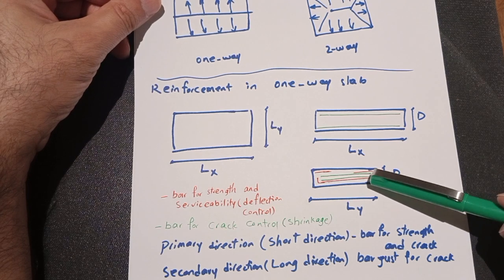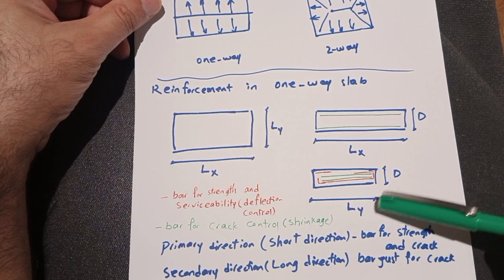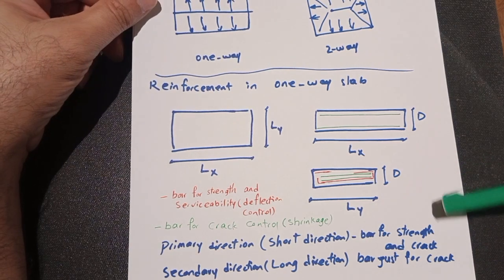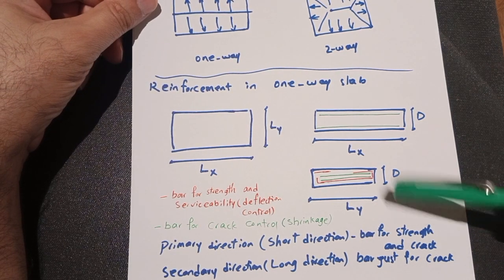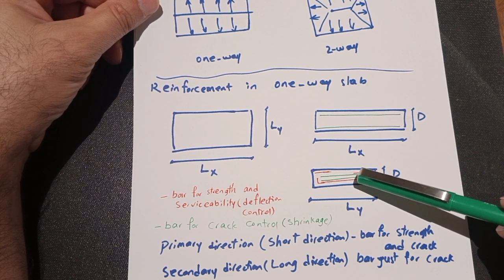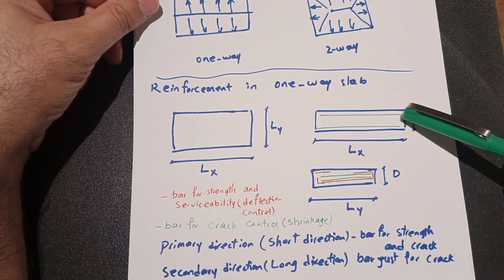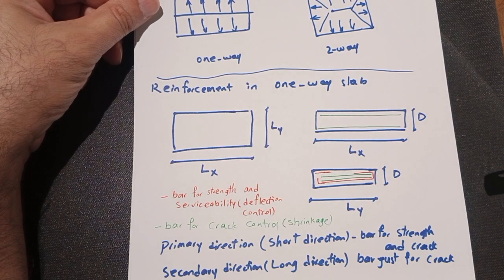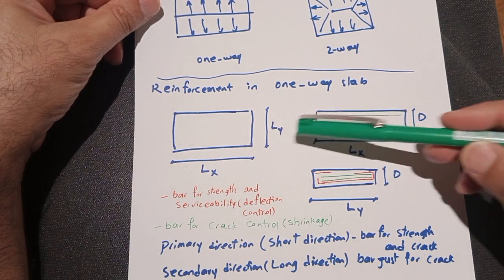And if we check the reinforcement required for the Ly length, it should be okay. So we don't need any reinforcement for strength and deflection in the longer direction.